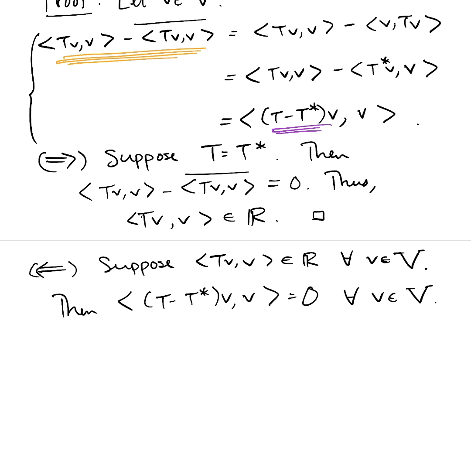Now we proved just yesterday that in a complex vector space, if an operator is such that TV is orthogonal to V for every V, then that operator is 0. I think 7.14 it was. So T minus T star is 0. So T equals T star.